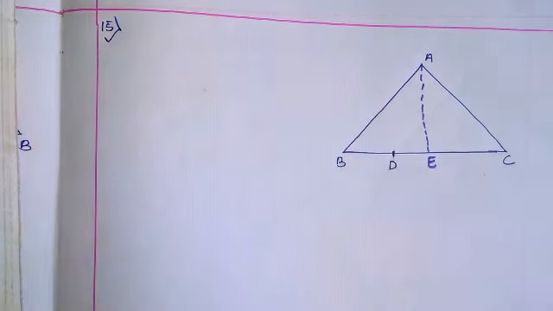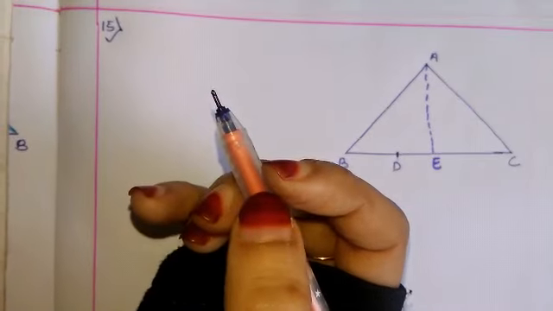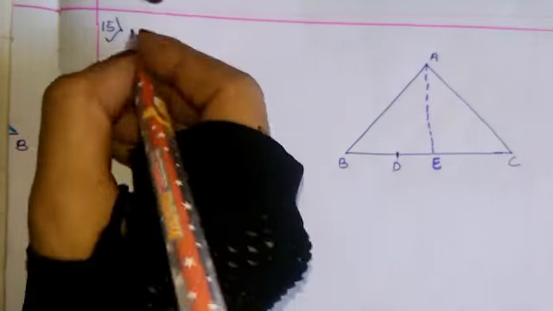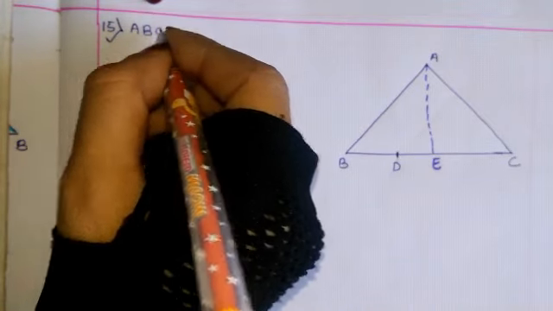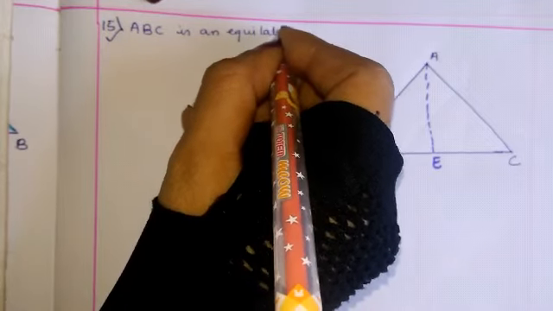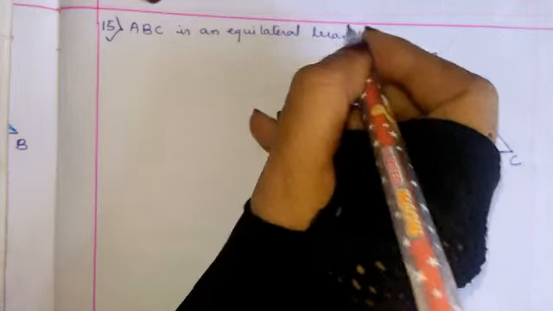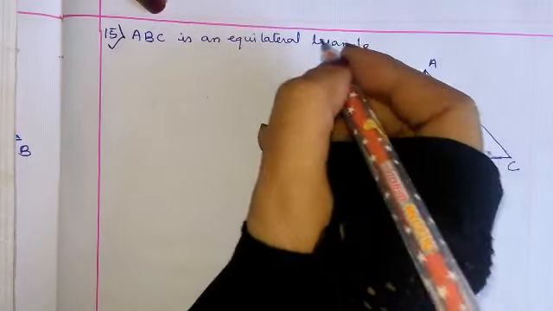I'll write the description. They have told ABC is an equilateral triangle. Okay, I have written.